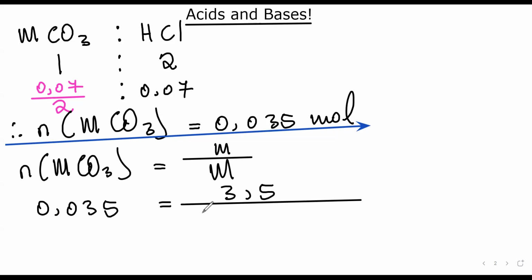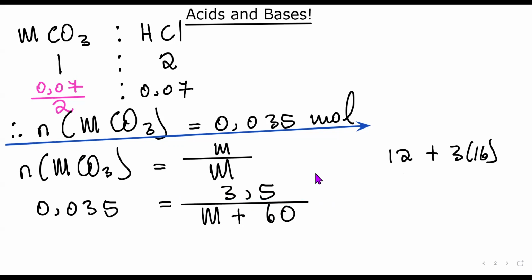I don't know the molar mass of my metal, but for carbon, I know it's 12. For oxygen, I know it's 16. If you add those together, you simply get 60. Remember what I said.